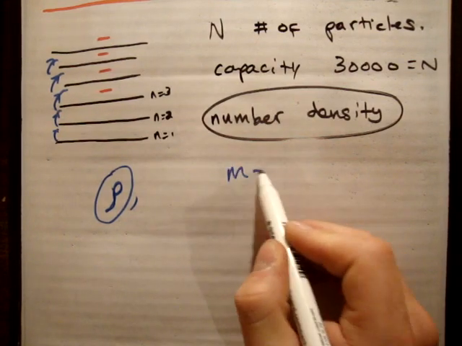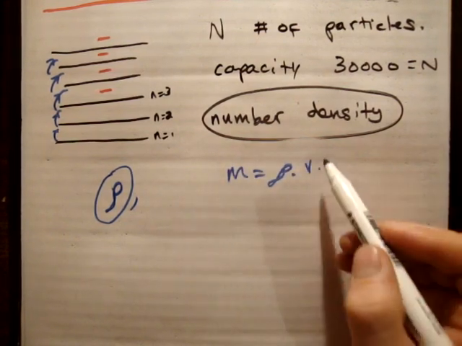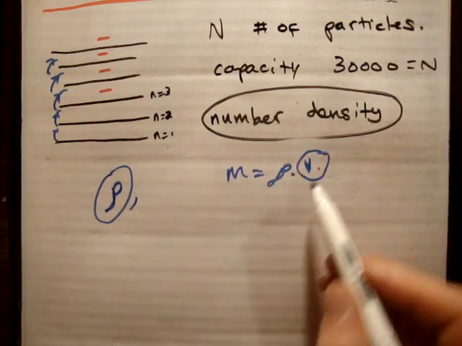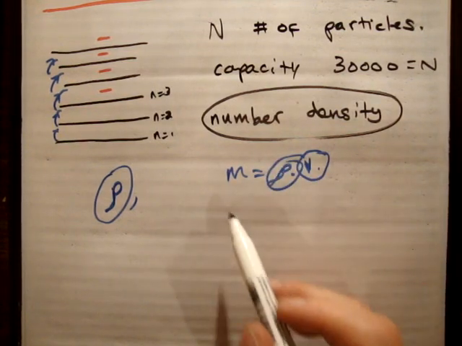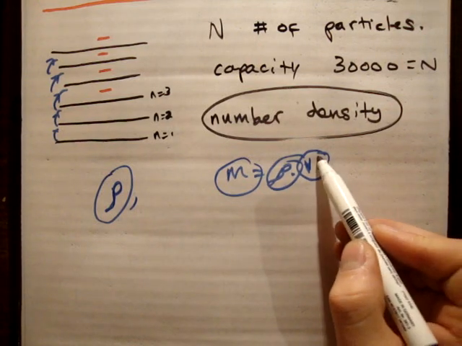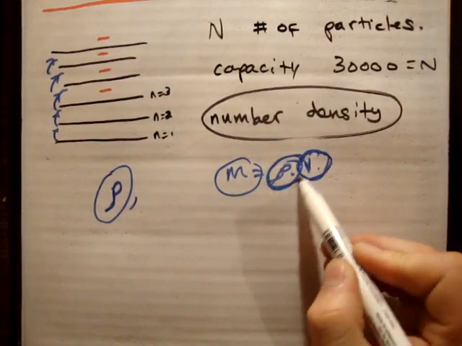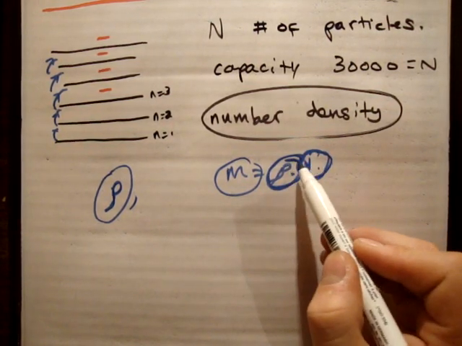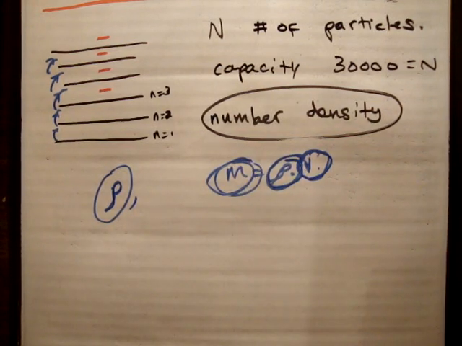Well, you know that mass is equal to density times volume. So you'd find out how much space you have, multiply it by the amount per unit space, and then you get your mass.